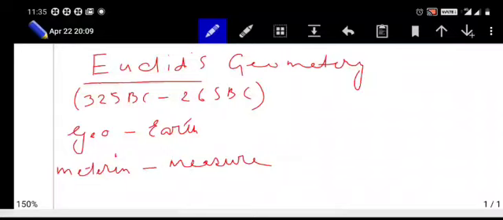So what did Euclid do? From earlier days, people have been inventing different things. For example, early men, to survive, built houses. They were making shapes, that means geometry, houses of a square type.